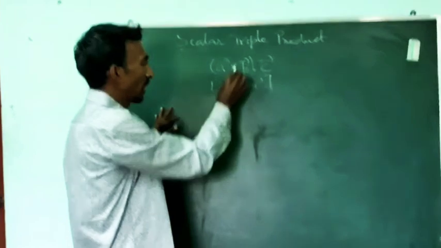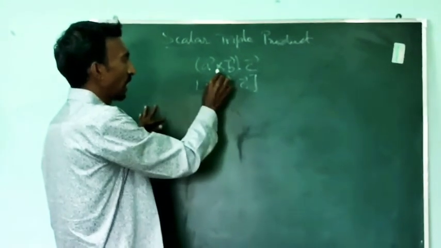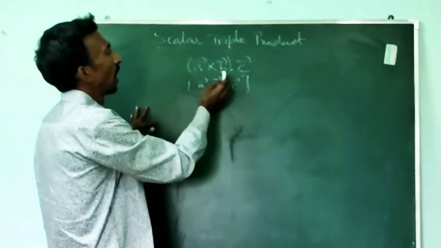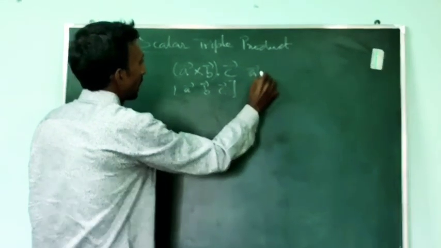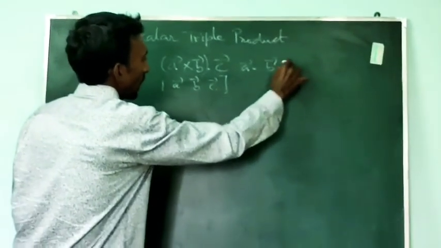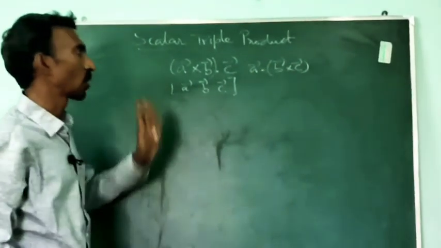So in scalar triple product we can exchange the product. It can be written as A dot B cross C. So we can exchange the dot and cross. It is allowed.